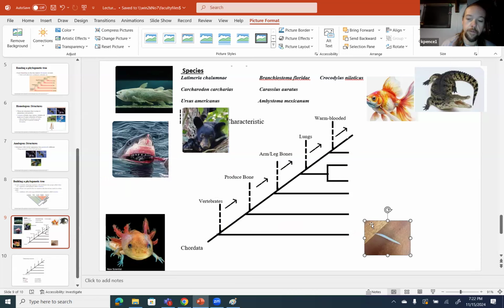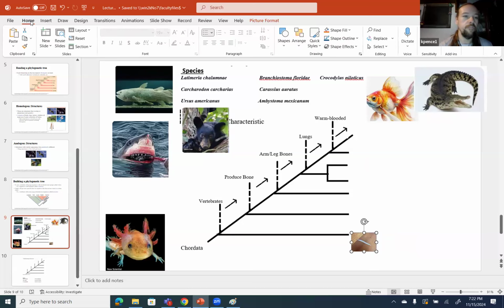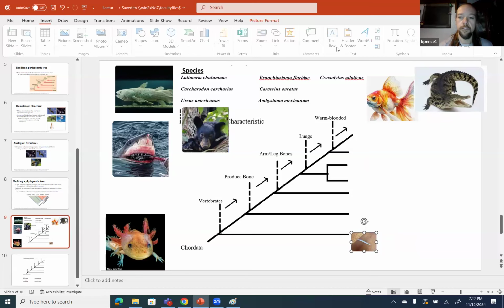I'll bring him over here. So this guy here, I'll put on this branch because he's not a vertebrate. So if I was to put a yes or no question, let me find my boxes.